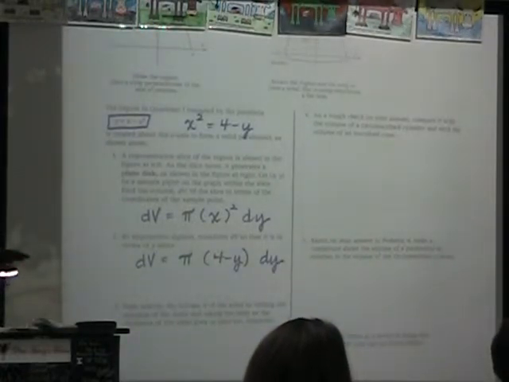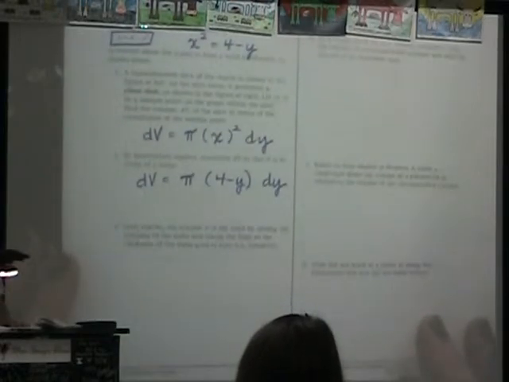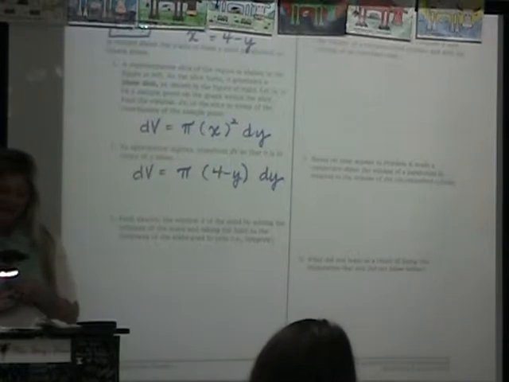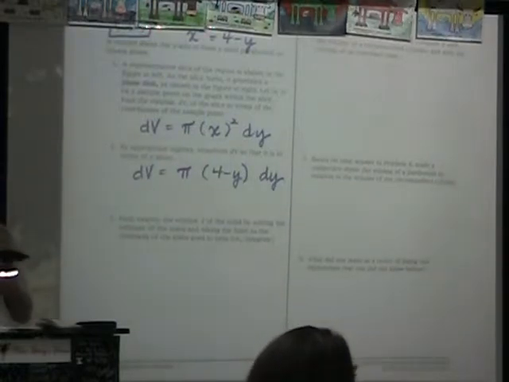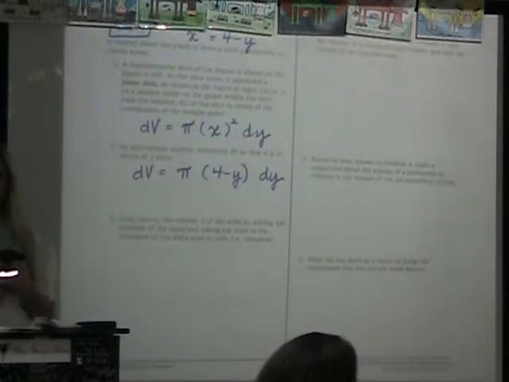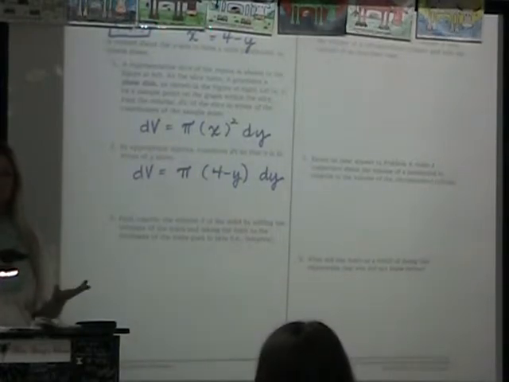And then for number 3, it says find exactly the volume V of the solid by adding the volumes of the slabs and taking the limit as the thickness of the slabs goes to 0. Okay, so let's think about that for a minute. In this class, how do we represent adding stuff together?